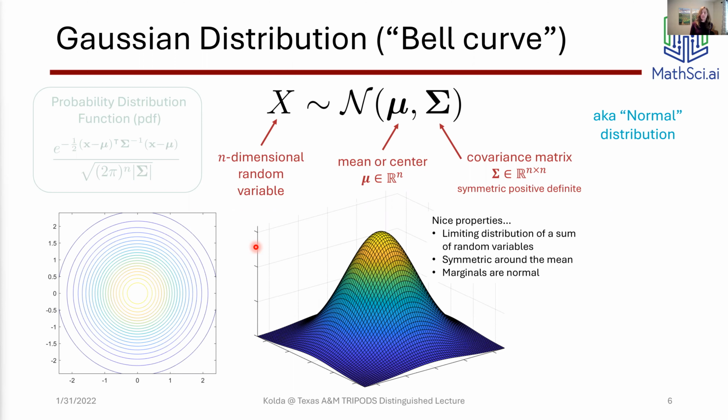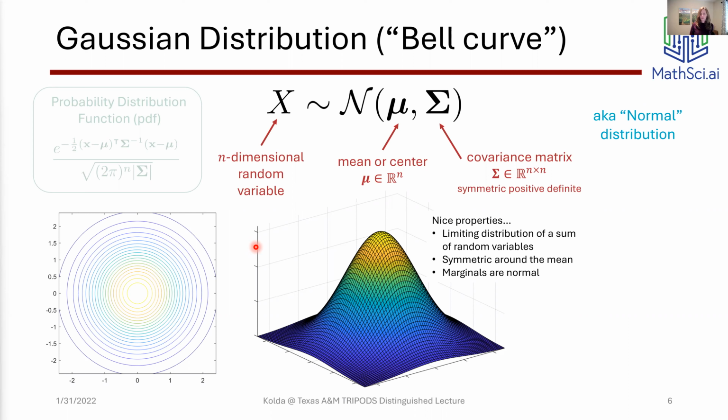The Gaussian distribution has many nice properties. Number one, it's the limiting distribution of any sum of random variables. So it's often a good choice, because many things that we observe are under the hood sums of random variables. It's symmetric around the mean, by which I mean if you draw a straight line through the mean, the densities are symmetric in that sense.